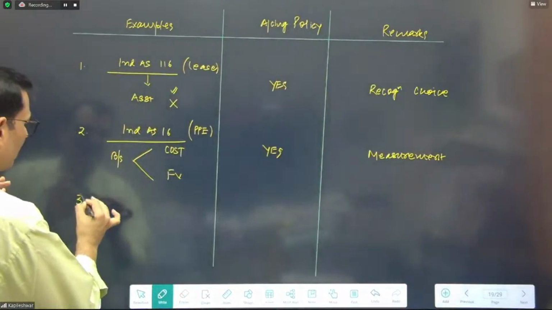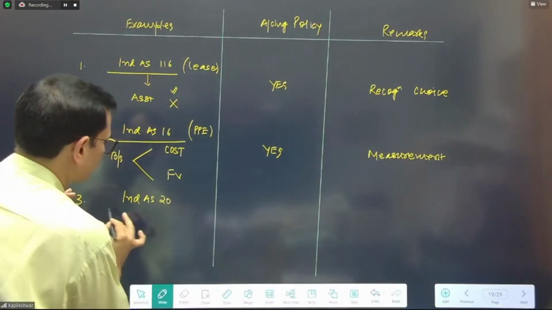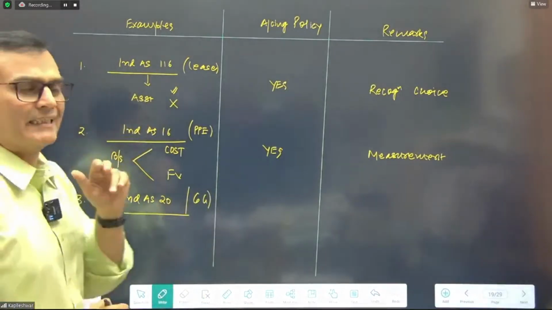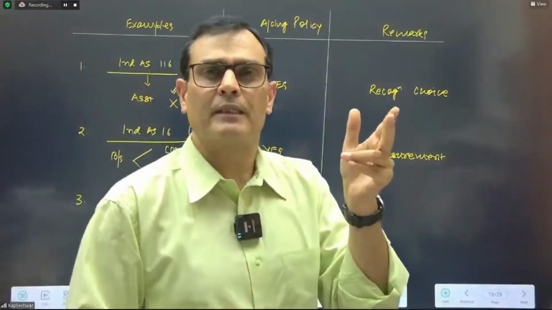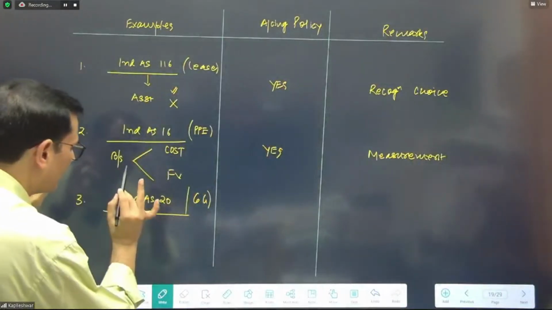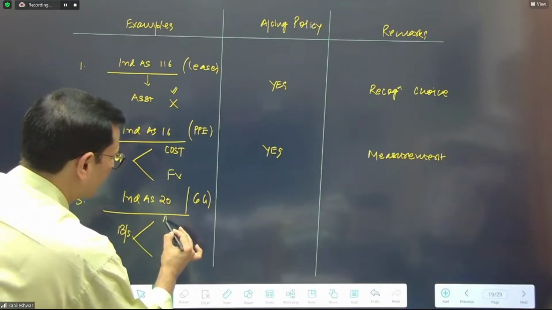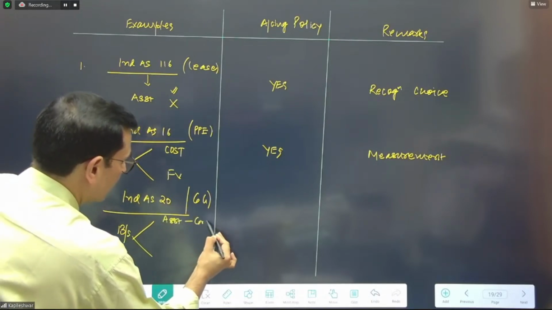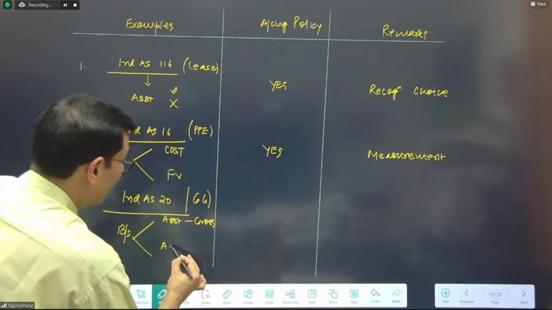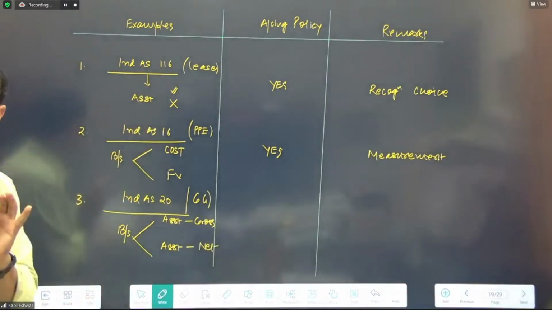Let's take another example. You get a government grant that is under Ind AS 20. Like AS 12, you got a government grant as well. And in terms of the government grant, when you get a grant for an asset in the balance sheet, either you can show the asset at a gross value and show the deferred income separately, or you can show the asset at a net value, reducing the grant from the value of the asset.